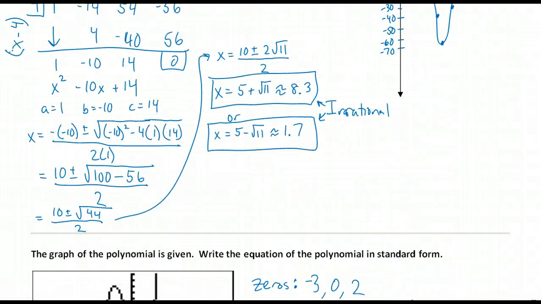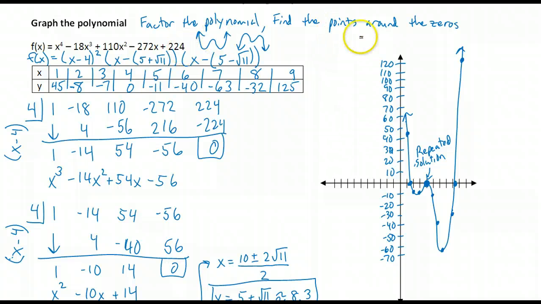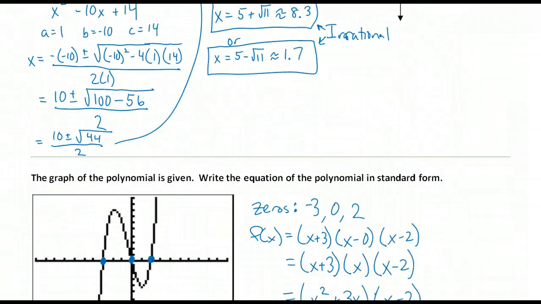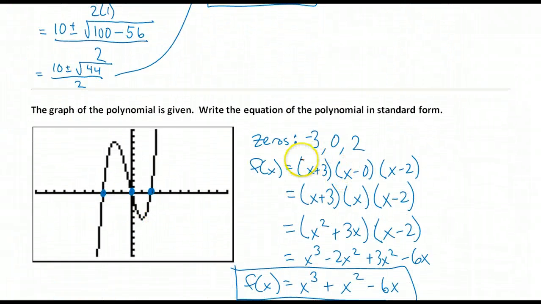So to graph a function, first factor it, then find the points around the zeros. If you have a repeated solution, your graph will just go up and touch the x-axis. If you have irrational zeros, your graph will cross the x-axis at decimal values. If you have the graph, to write the function, find the zeros, then figure out the factor for each zero and multiply.